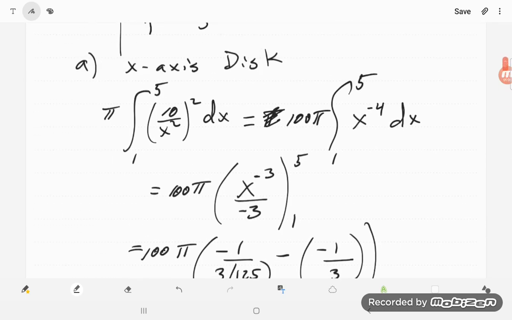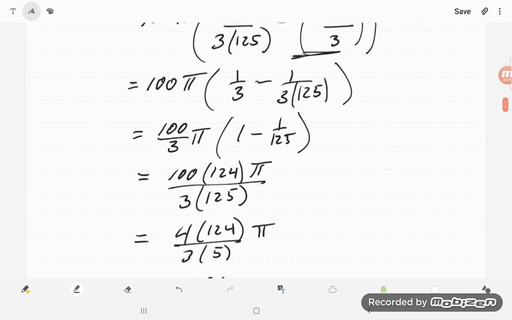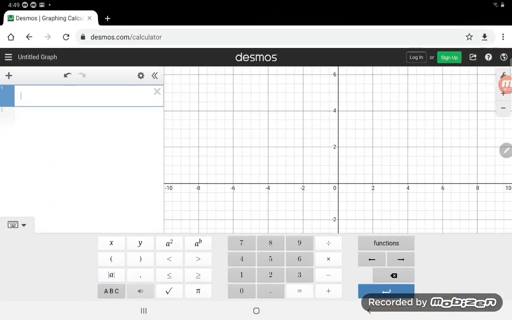Again, we can go check that to make sure we did okay. So here we have our pi times our integral from 1 up to 5 of 10 divided by x squared, but I need to square that, and dx.